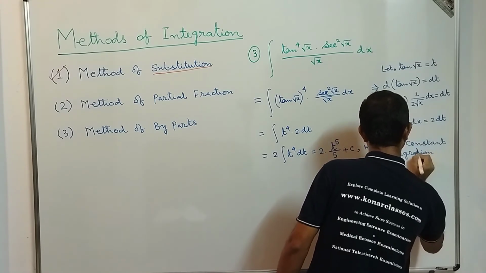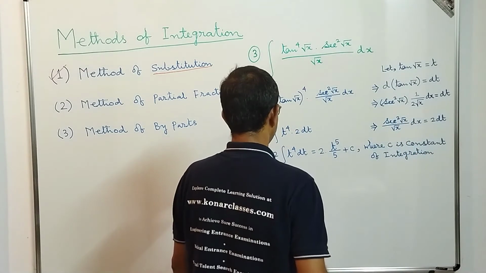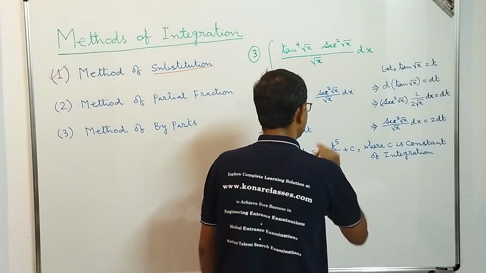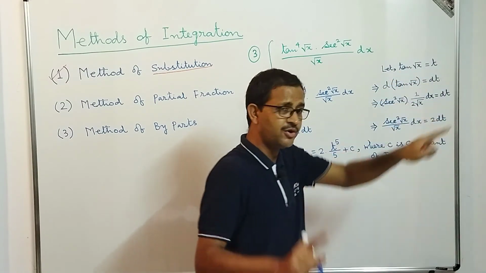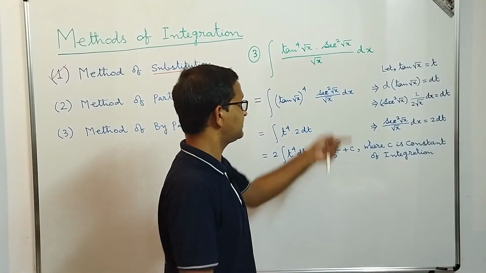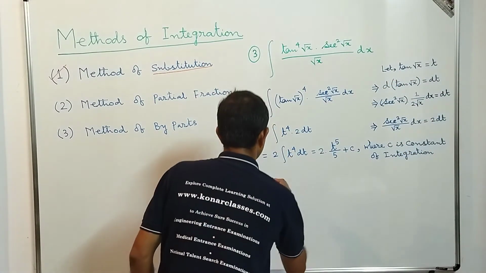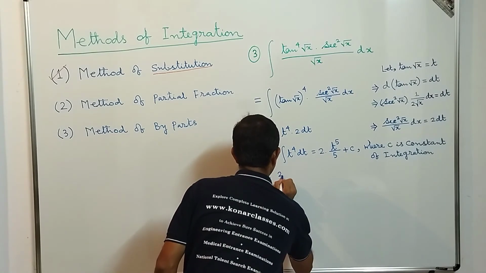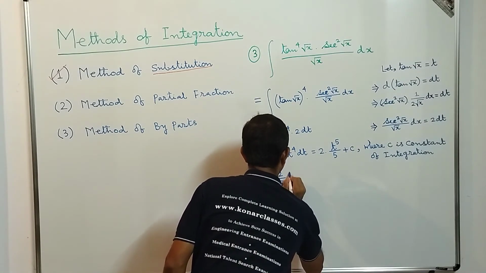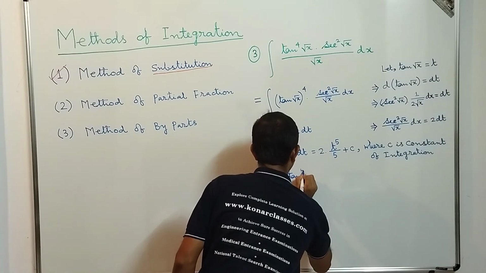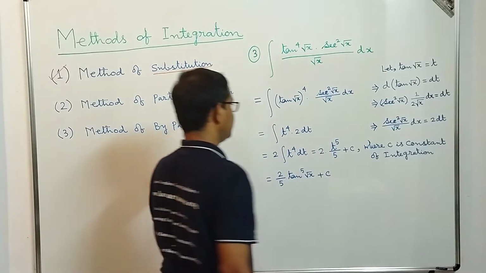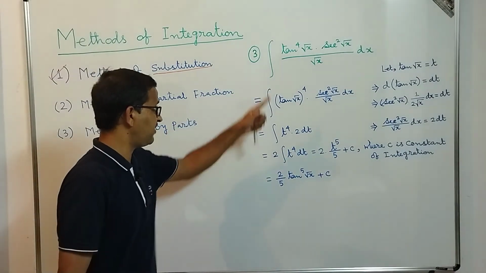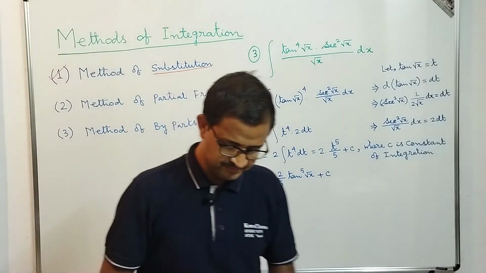So that is equal to 2 by 5 into t power 5. What is t power 5? It is equal to tan square root of x whole power 5, means tan power 5 square root of x. So we get 2 by 5 into tan power 5 of square root of x plus c. So this is the required value of the given integration.